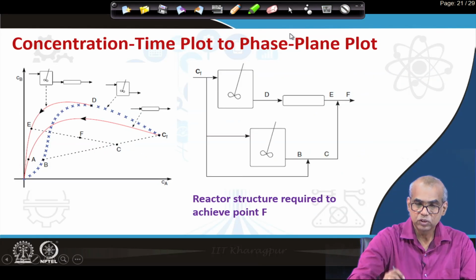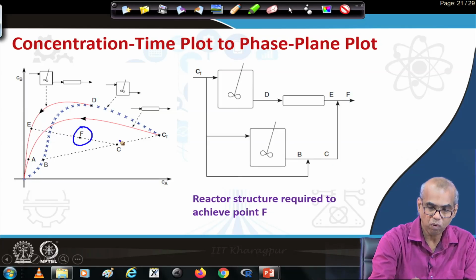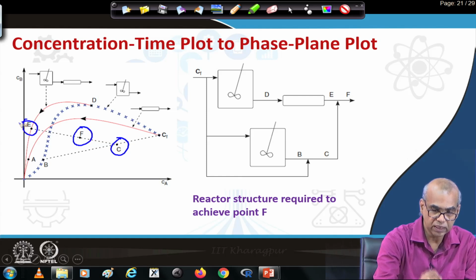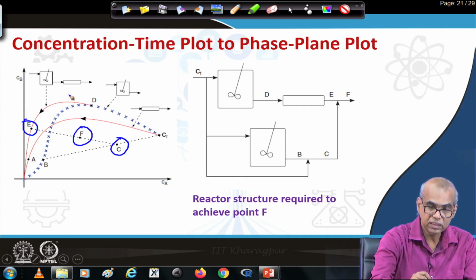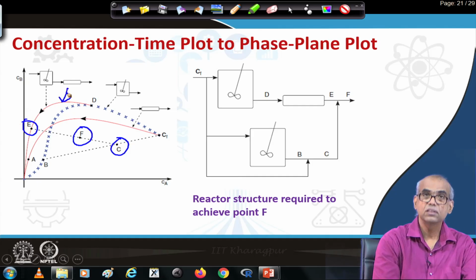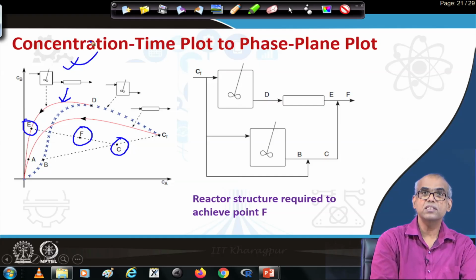Finally, to obtain point F, I have to mix point C and point E. Point E is lying on this trajectory, which can be obtained by a CSTR followed by a PFR in series.